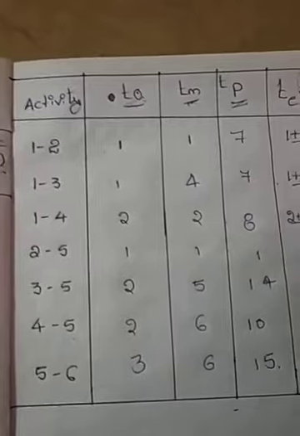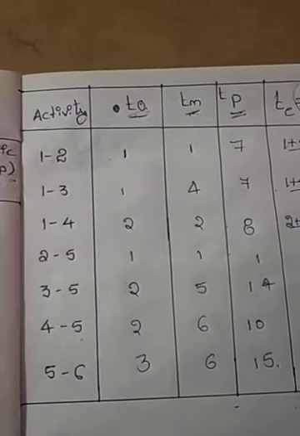Next, 2 plus 4 into 2 plus 8, divided by 6. 4 twos are 8, 8 plus 2 is 10, 10 plus 8 is 18, and 18 divided by 6 is equal to 3. Next, 1 plus 4 into 1 plus 1, divided by 6, that is 6 by 6, equal to 1.